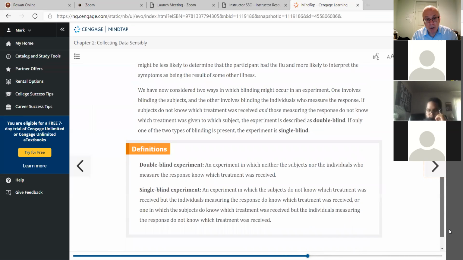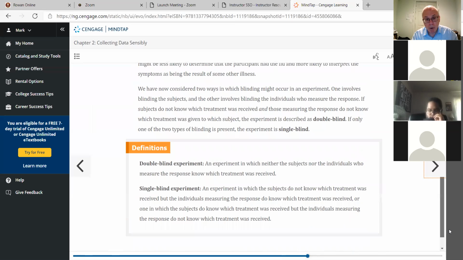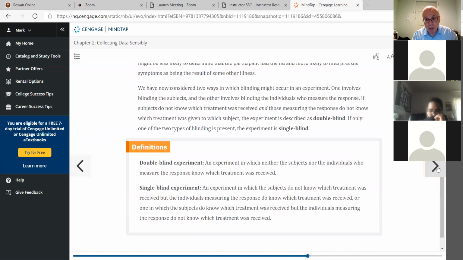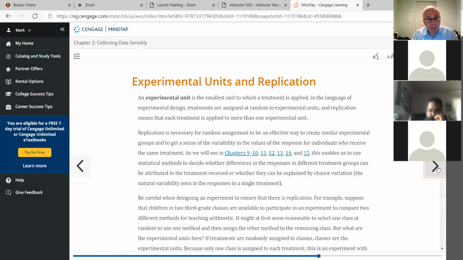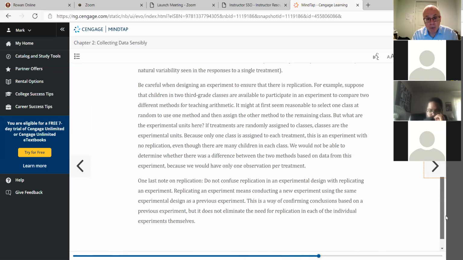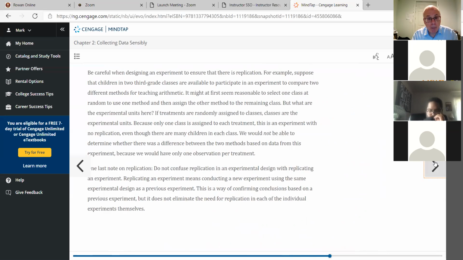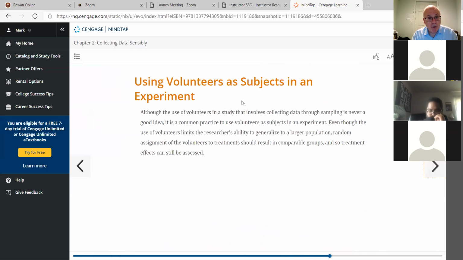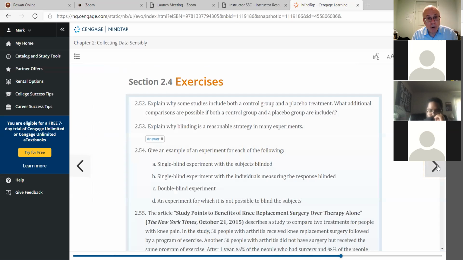All right, and why do they do that? To prevent what's called the placebo effect, which is mentioned in the book here. Experimental unit, you have to know the definition of that. All right, that's the participants getting the treatments in the study. And then the idea of using volunteers means that you cannot generalize the results to the whole population.